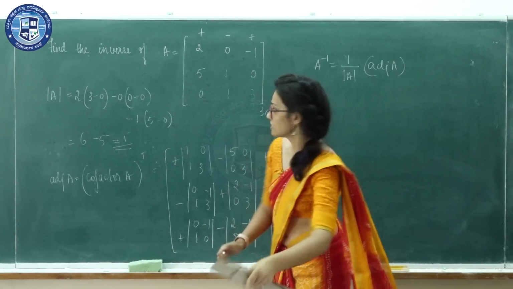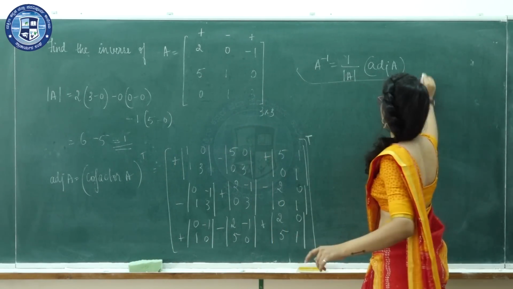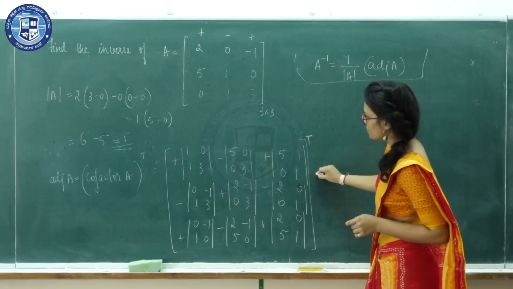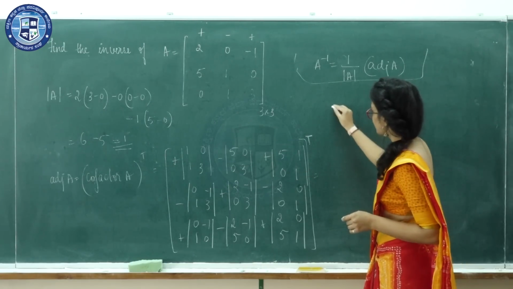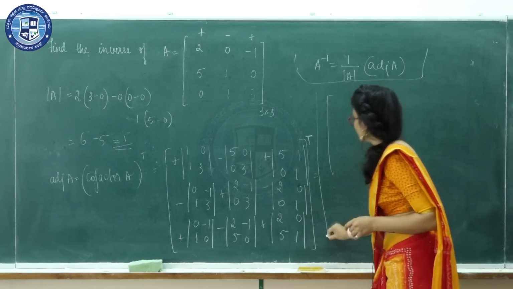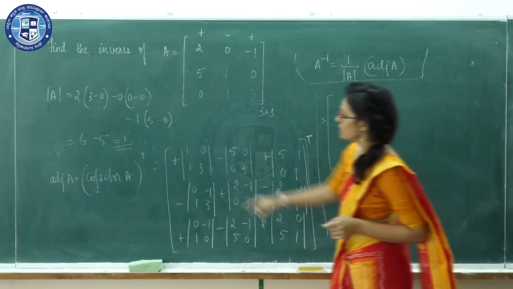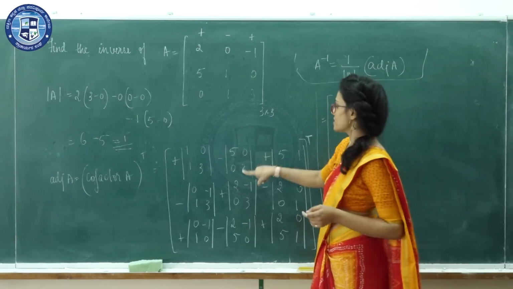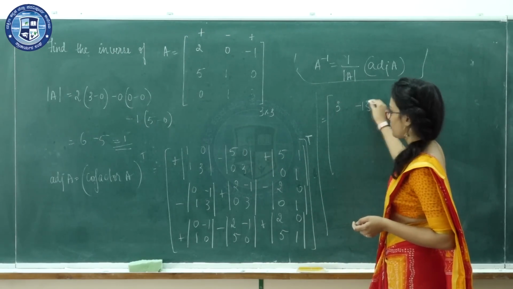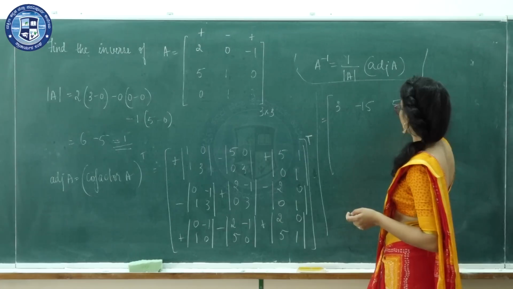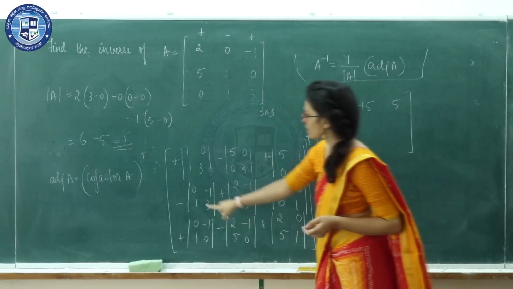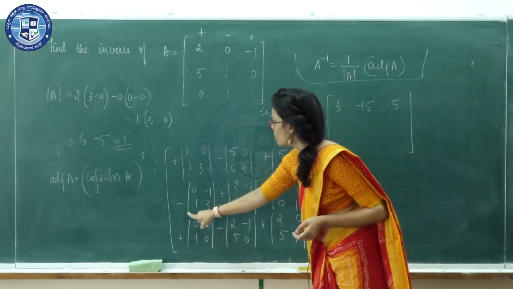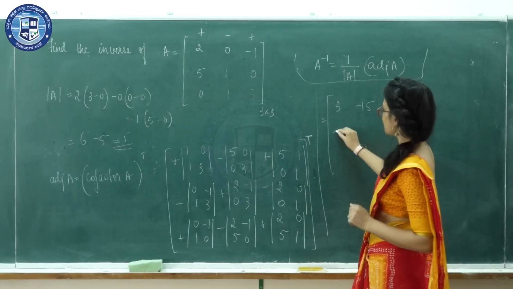Okay. Let us continue. Let us find the value of the adjoint matrix. So, that is equal to, okay. So, this is 3 minus 0 plus 3, this is minus 15, next term plus 5. Next we have 0 plus 1, that becomes minus 1.